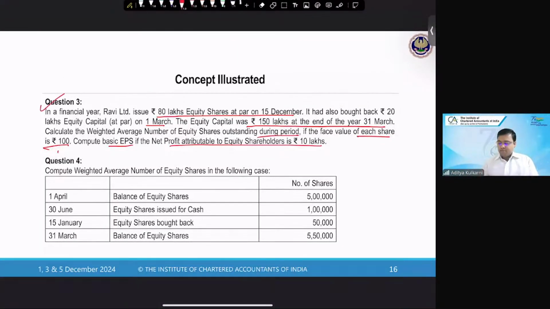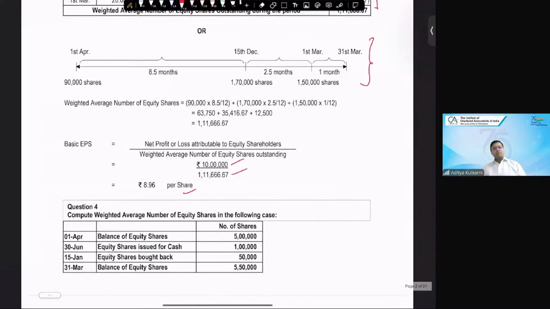Sir, in the exam, whether we take months or days, the answer will be the same, so either can work, right? Maybe there will be a slight variation, a plus or minus 1 to 2 shares difference. I don't think that really is a cause of concern. You will be awarded the marks. There won't be any issue.